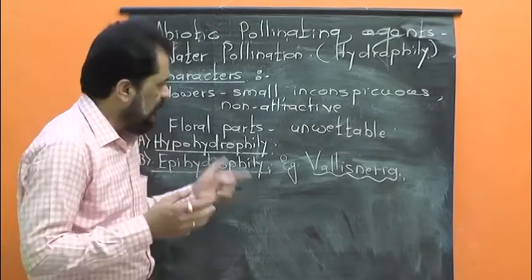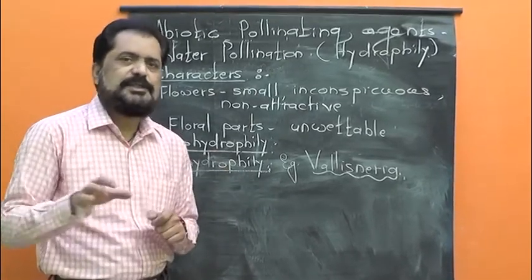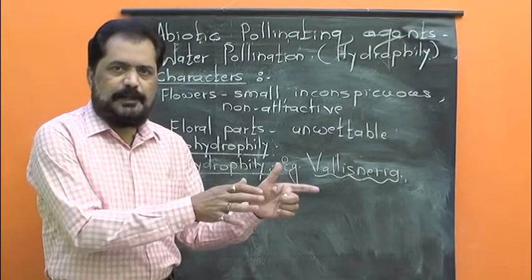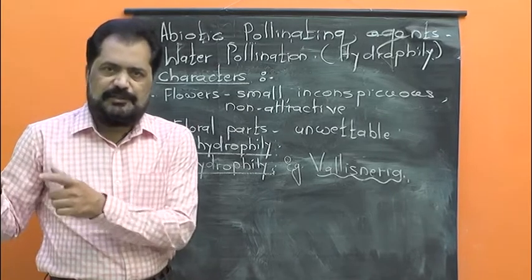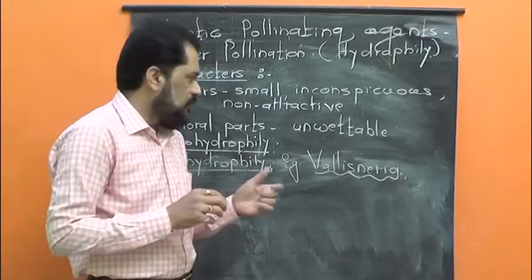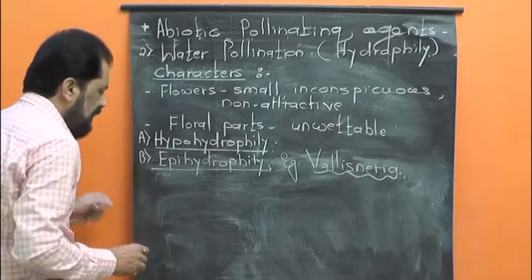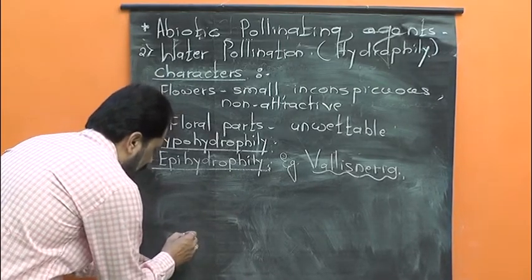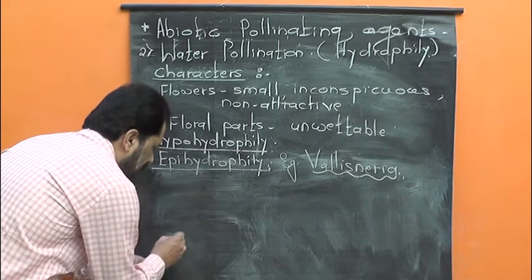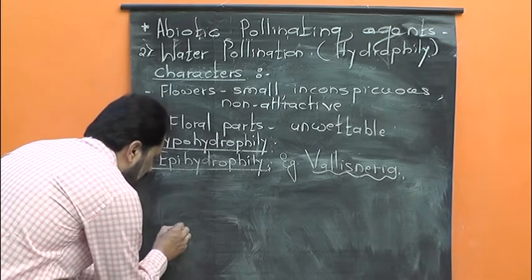Dioecious plant means this Vallisneria is a dioecious plant. Male plant produces male flowers, female plant produces female flowers. Okay, so in Vallisneria the male flowers are borne in the male plant.